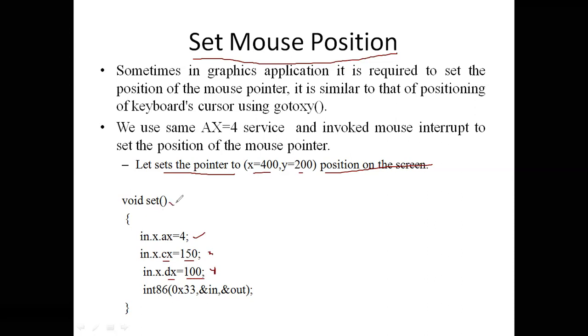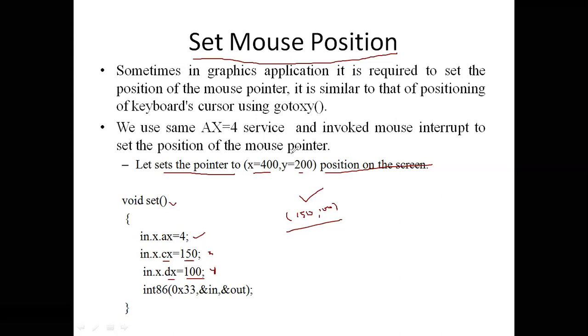Whenever this function is called, the pointer will move to this location, 150, 100. Whenever you want to set the mouse position at a different location in your program, you can call this function to set the mouse pointer at a specified location.